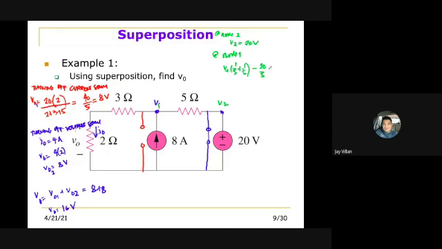Okay? Current is entering, so minus 8 is equal to 0. Times 5, that is equal to V1 plus V1 minus 20 minus 5 times 8, which is 40, is equal to 0. So V1 is equal to 60 divided by 2, and that is equal to 30.